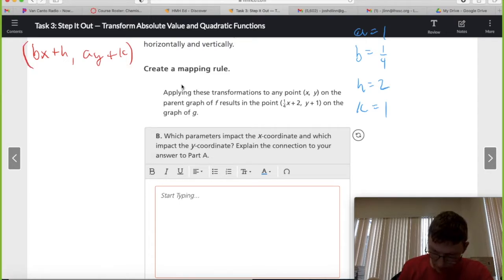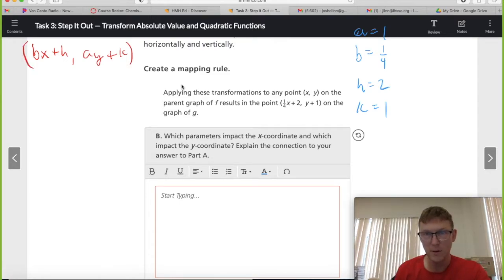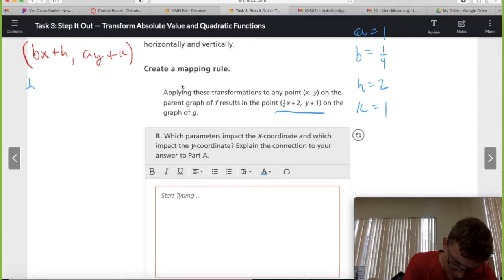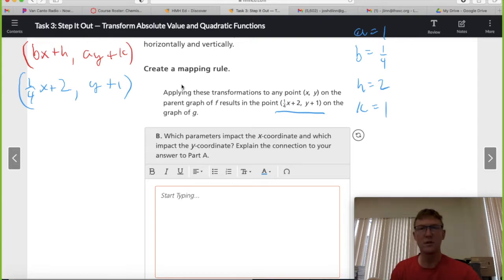When you substitute all of our parameters in there, we get what they have here, which I will write out: 1/4 x plus 2, y plus 1. Y is going to be pretty easy.